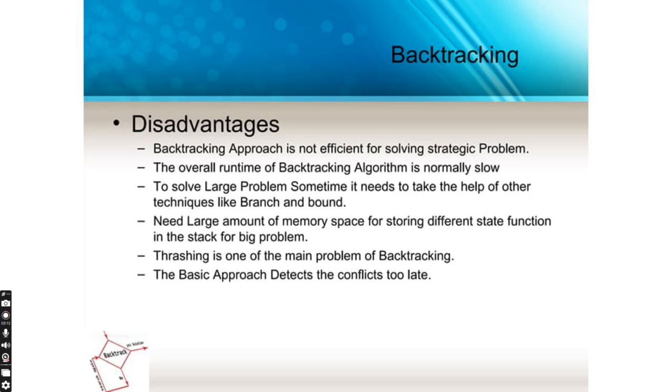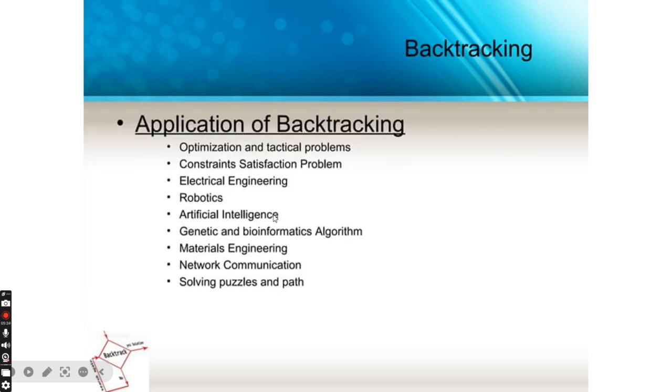We have different sub-solutions, so you need memory space to store the different state functions in the stack for a big problem. Thrashing is one of the main problems in backtracking. The basic approach detects the conflicts too late. These are some major disadvantages of the backtracking algorithm.